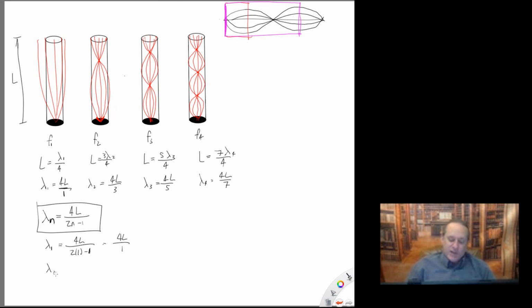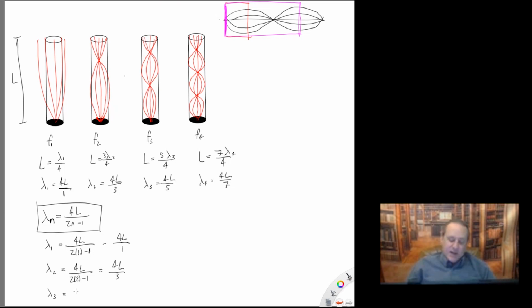So it works for the fundamental harmonic. For the second harmonic, we would get 4L over 2 times 2 minus 1. So that's going to be 4L over 4 minus 1, which is 3. Again, it agrees with what our picture gave us.